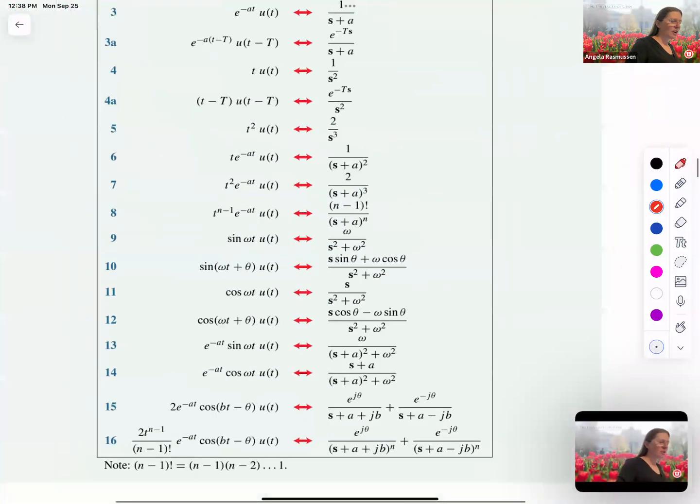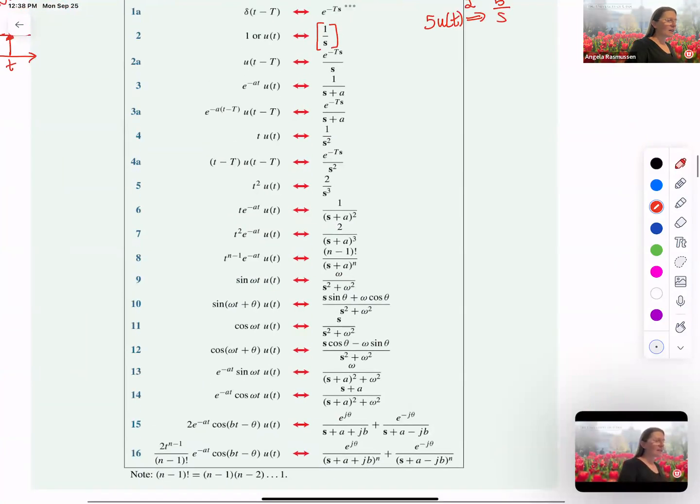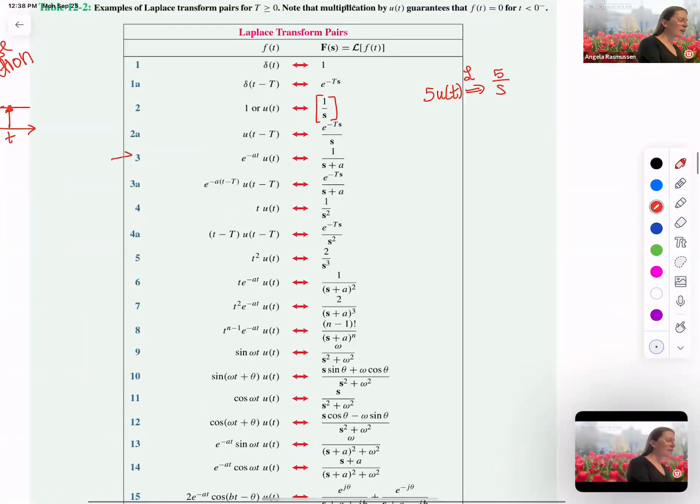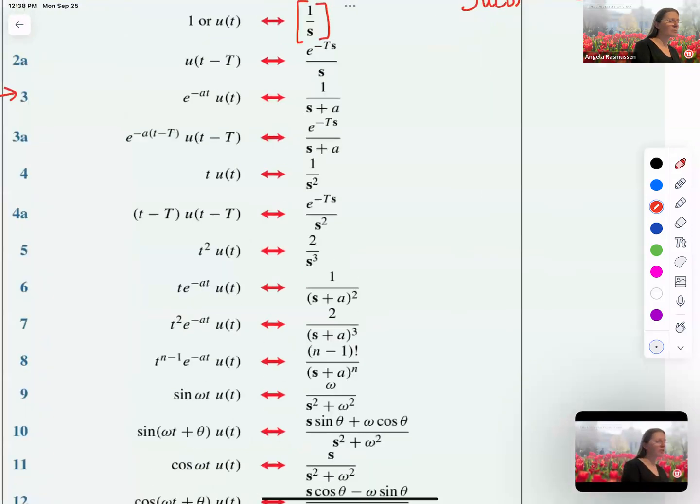So if I have s plus a squared, I can use that number 6. A lot of times you're going to see form 3, where it's just 1 over S plus a number, plus some other number over S plus a number. Whichever form I have in the S domain, I can use that right back to the time domain. I just have to identify what the variables are.